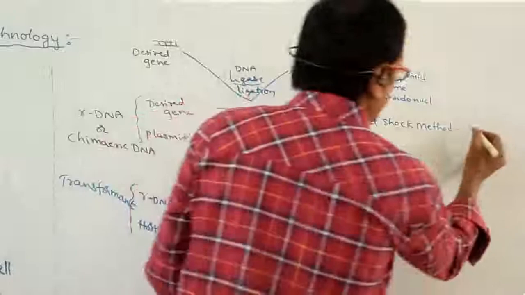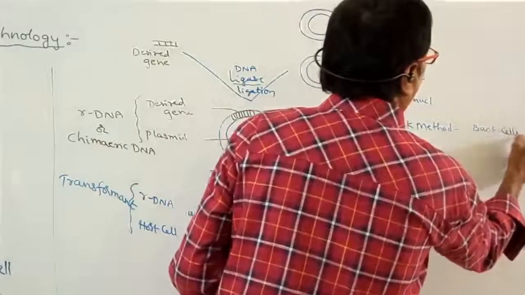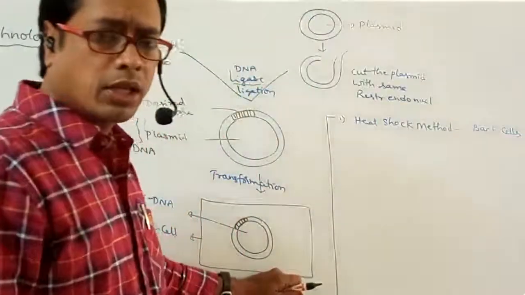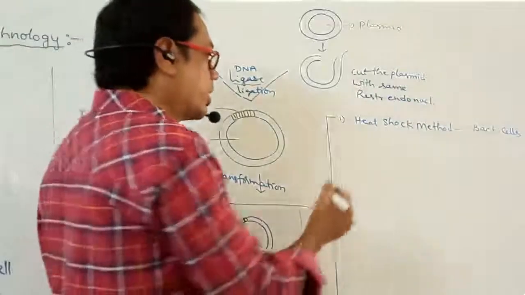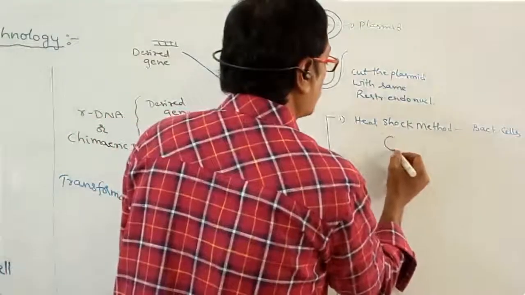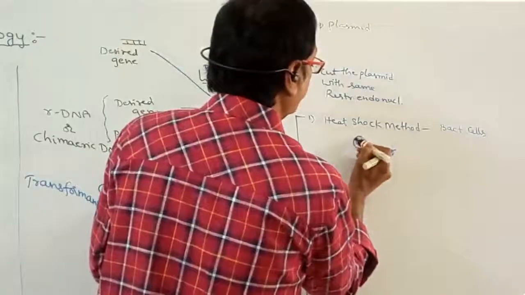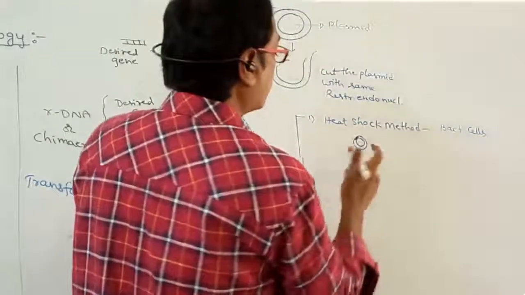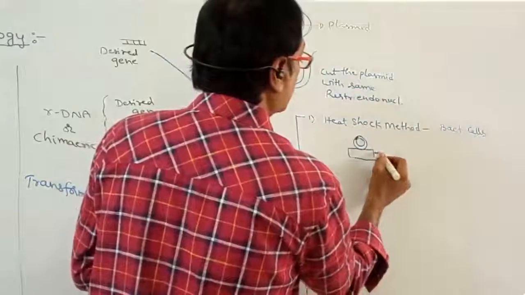This heat shock method is applicable for bacterial cells. How can they do it? Let us suppose this is the rDNA, and this is the bacterial cell.